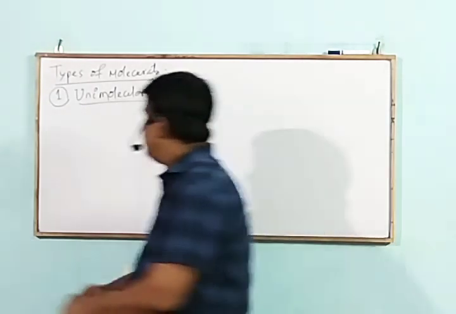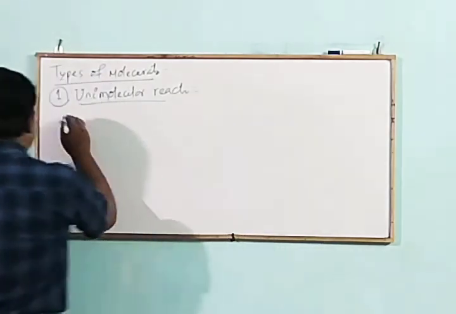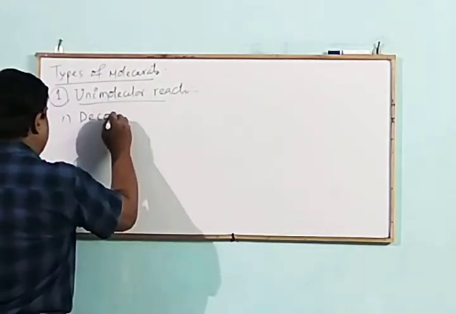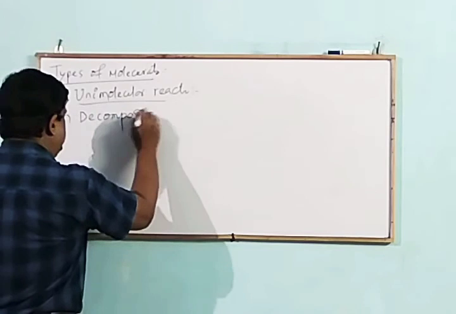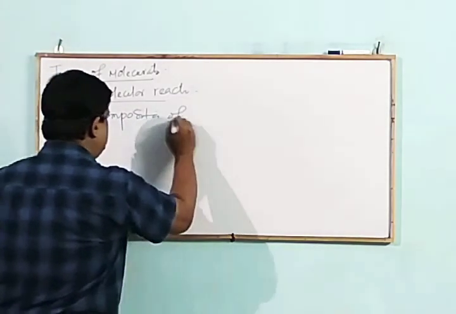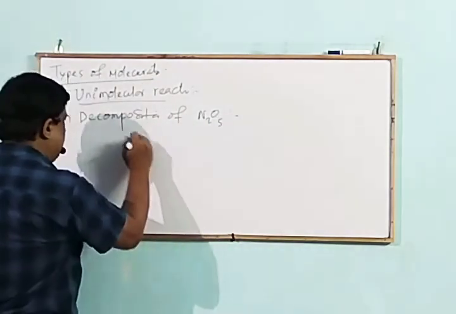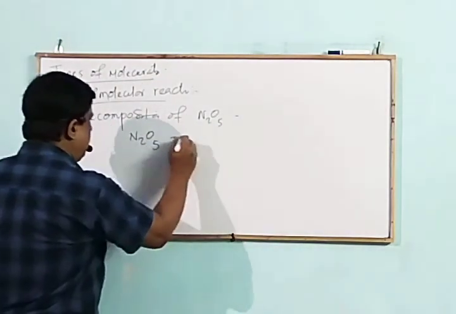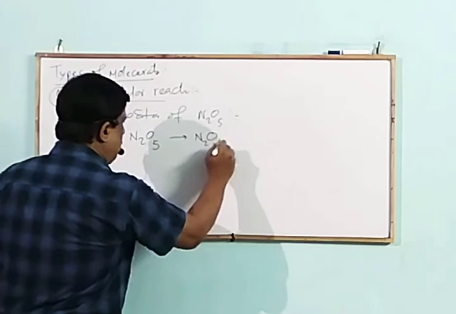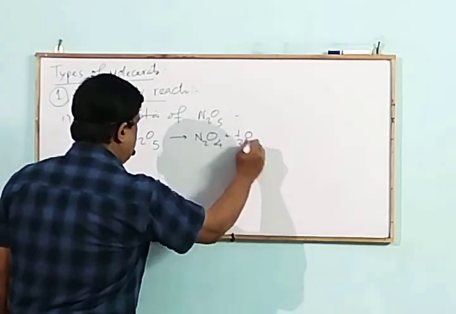Mark that. Examples: decomposition of nitrogen pentoxide. Equation is N2O5 gives N2O4 plus half O2.